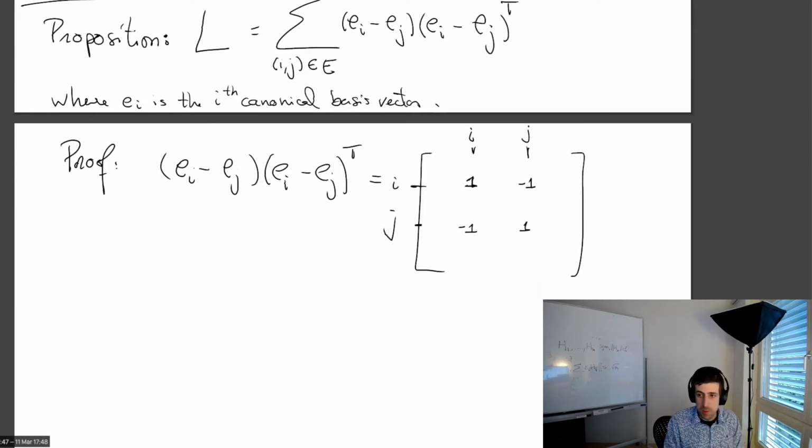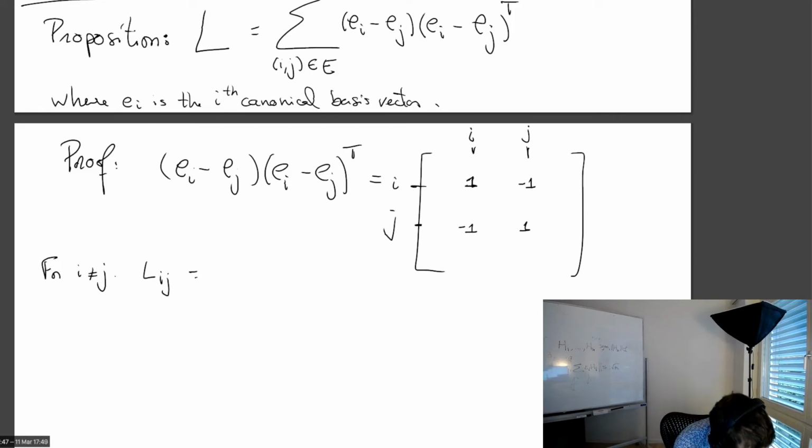Okay, and now it's clear, right? Now what you have to check, for i different than j, L_ij can only be either 0 or -1. Either ij is in the sum and it's -1, or it's not in the sum and it's 0, right?